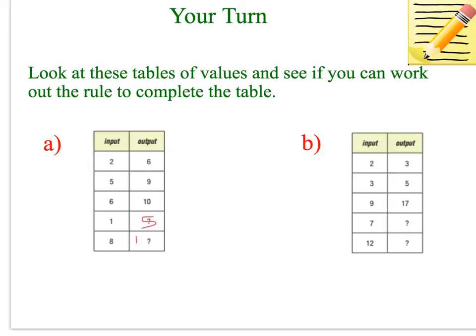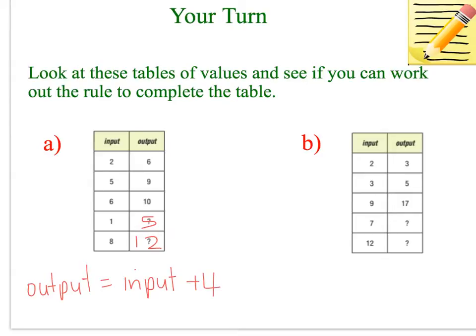And then 8 plus 4 is 12, so that should be 12. Now I'm going to write the rule. Output equals input plus 4.